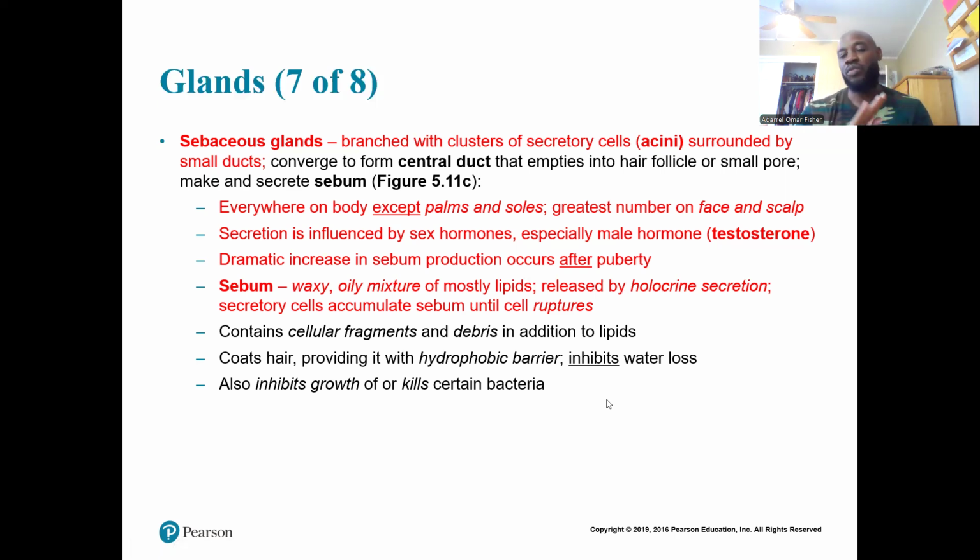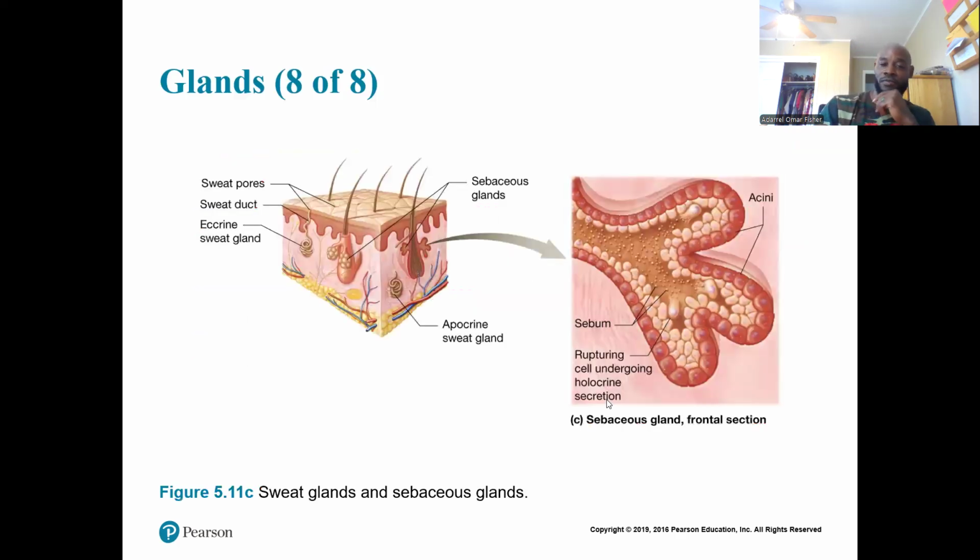It also helps kill bacteria. It lowers the pH of your skin and therefore can help kill bacteria. So it's another way. Notice all these different ways, but it's another way your body can protect itself. And these are your sweat and sebaceous glands.